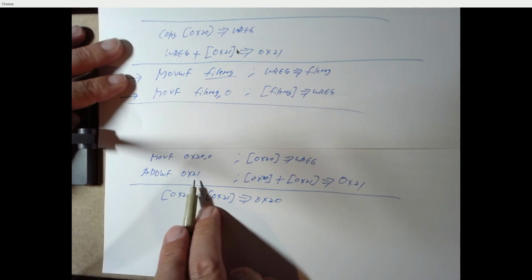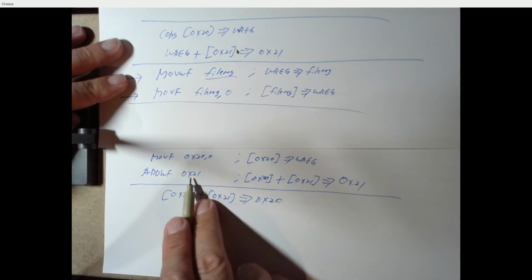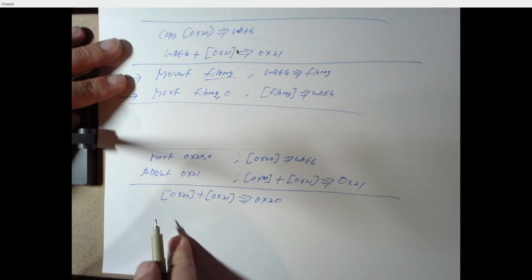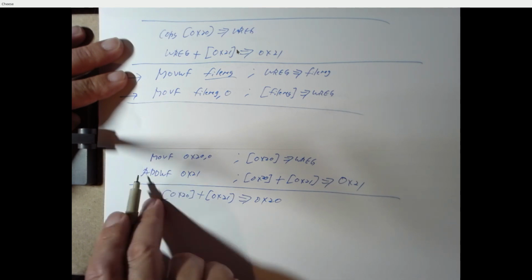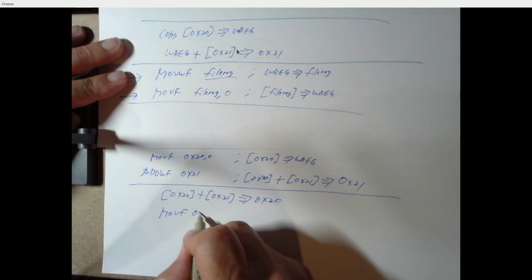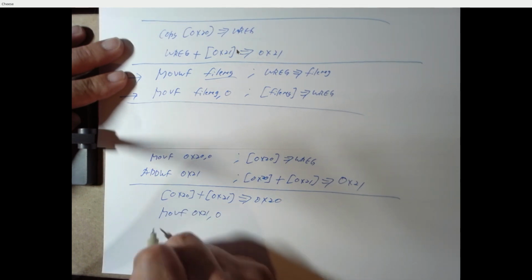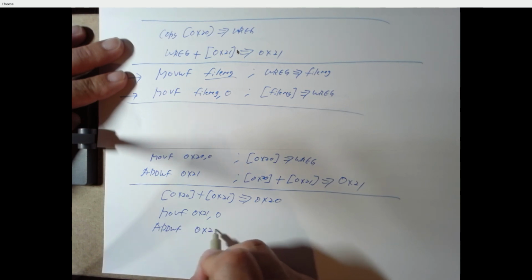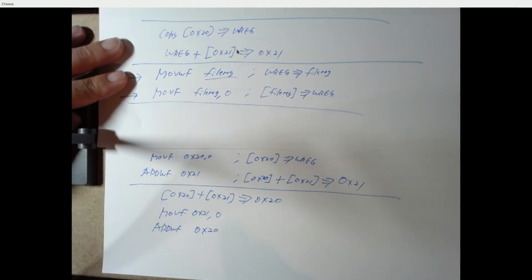We can store the result in location 21, since that's where we read it from, or we could say comma 0 and store the result back in the W register. So in this case, we want to do things in a slightly different order. We'd want to say move x21 into the W register, and then add the W register to location 20 and store the result back in 20.